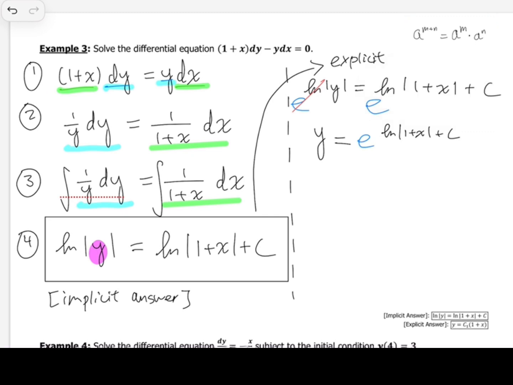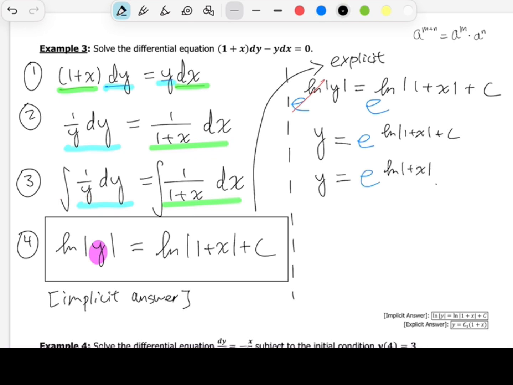There. So, same rule applies. Y equals, we're going to break this down, e to the ln of 1 plus x times, recall back to the exponent rules, e to a constant is just going to be another constant.